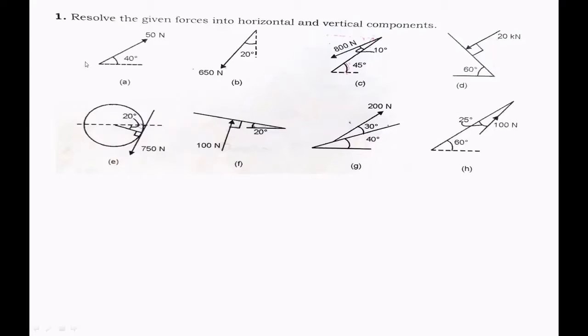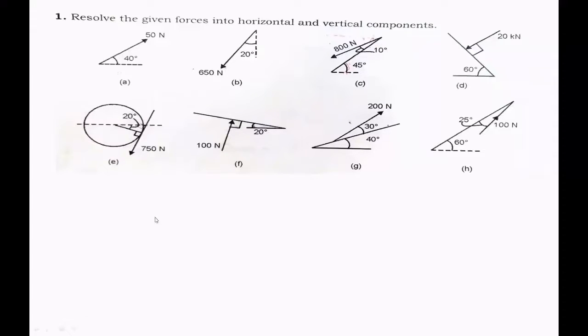So the first case, it is a very simple case. In the first case, in the example, the quadrant is not given. So we have to imagine that force as per the direction, whether it is in the first, second, third, or the fourth quadrant. Okay.